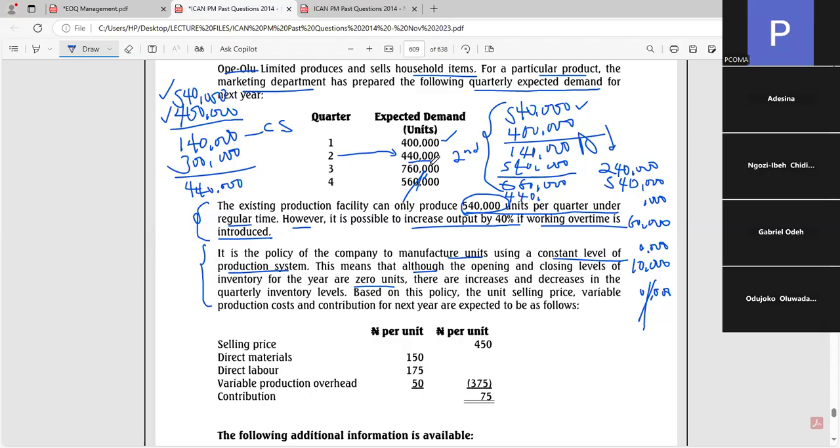With their common sense, what they are supposed to do is to say, okay, 440 is what you need. We already have 140 in the warehouse. That means that what we will be producing is only 300,000. So that when we have that 300,000 that we are producing with the 140,000 that we have in our warehouse, it is going to equal the 440,000 that our customer needs. We don't need to start storing something in our warehouse again. Does that make sense now?